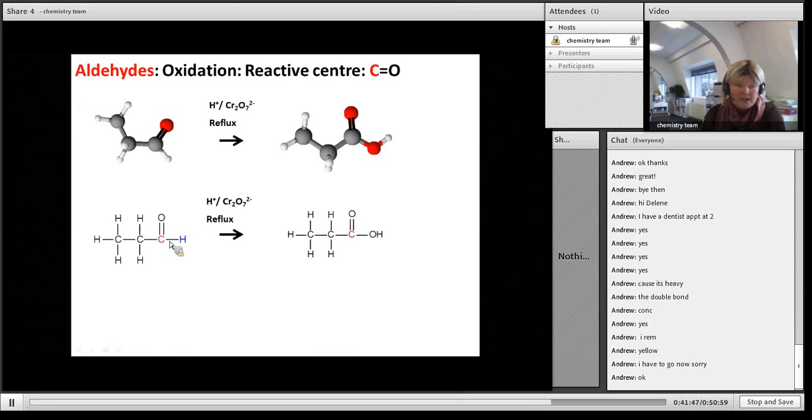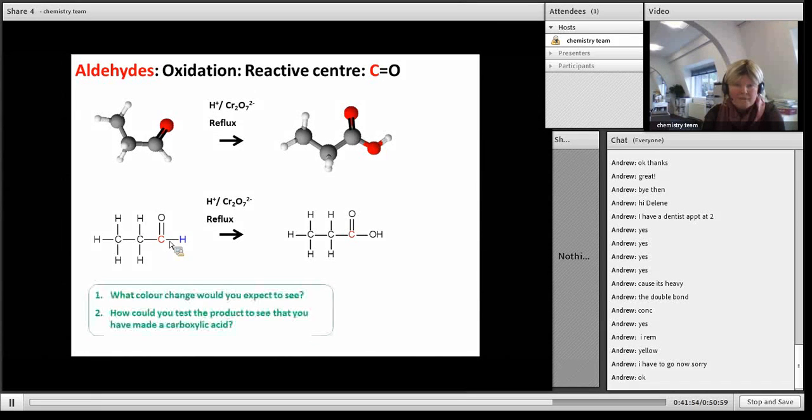So think of it, can I oxidize ketones? Because we had said that before, remember we can't. Now if we use dichromate, remember we can also use this as a test for aldehydes or as a test for alcohols. What color change would you see?